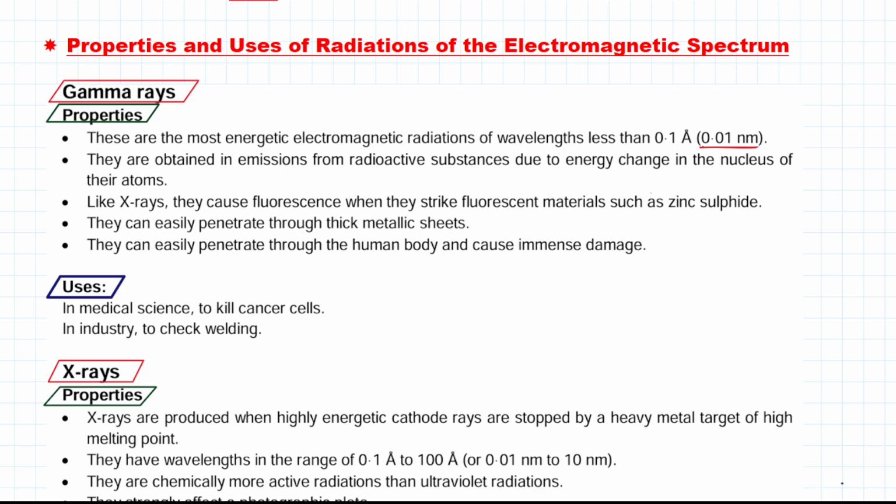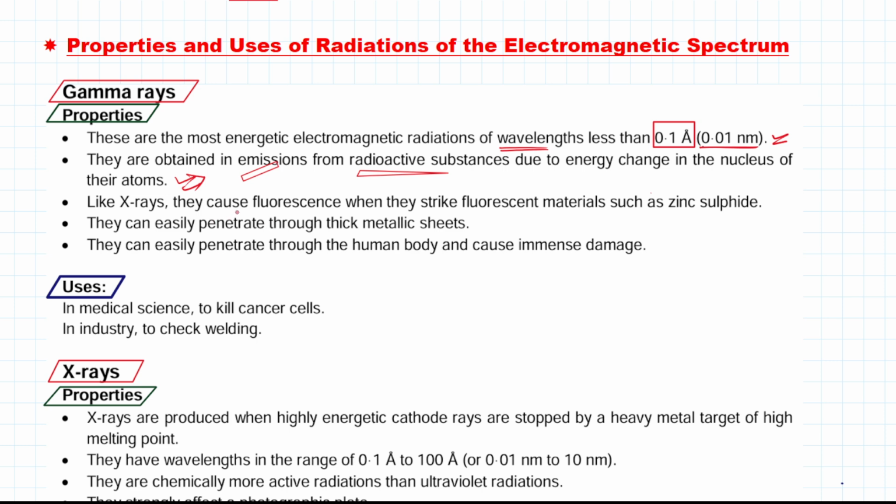These are the most energetic electromagnetic radiations, of wavelength less than 0.1 angstrom or 0.01 nanometer. They are obtained in emission from radioactive substances like uranium, thorium, etc., due to energy change in the nucleus of their atoms.